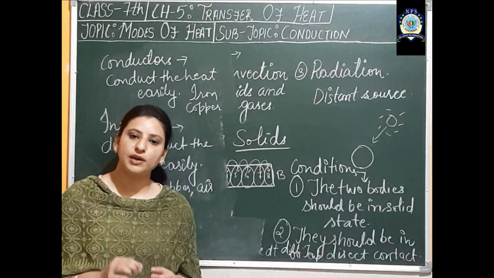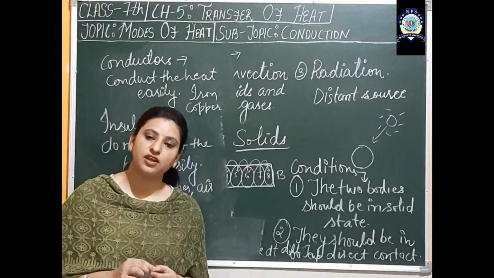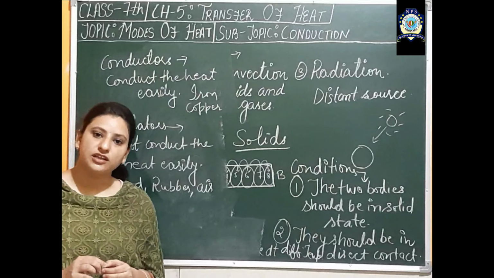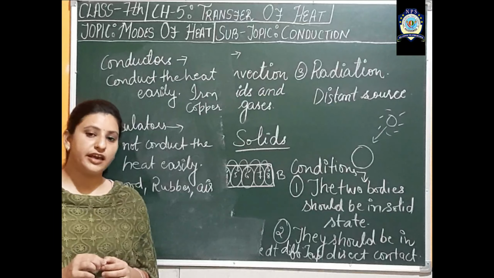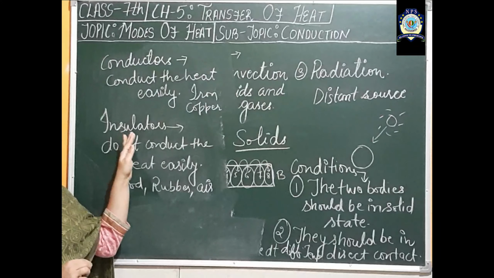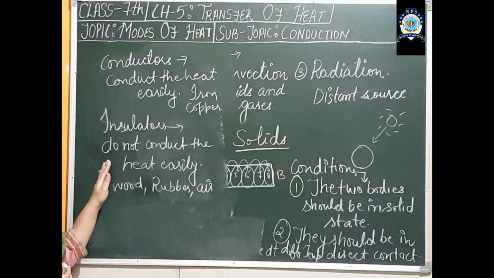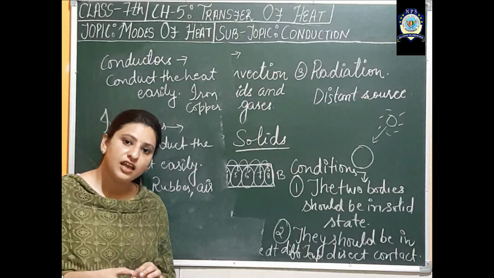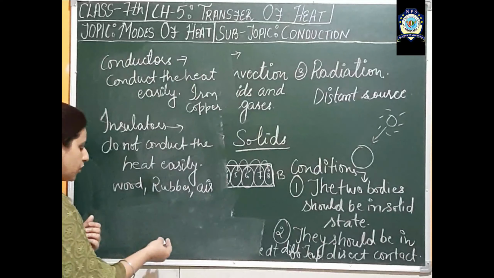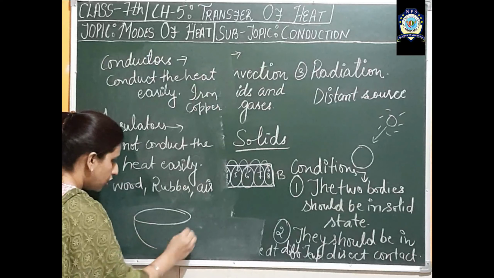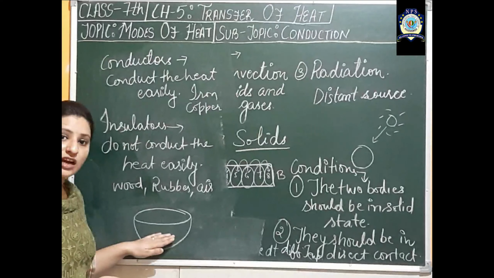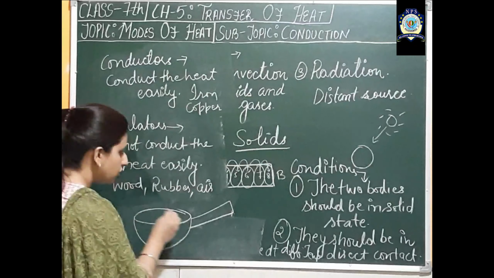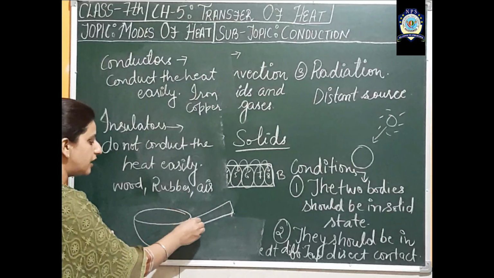If I talk about the applications, in the case of conductors, you have seen that the utensils in which we cook our food are made up of iron. But insulators are those materials which do not conduct heat. Taking the cooking utensil again, the body of the utensil is made up of conducting material, iron or steel, and the handle is made up of insulating material.